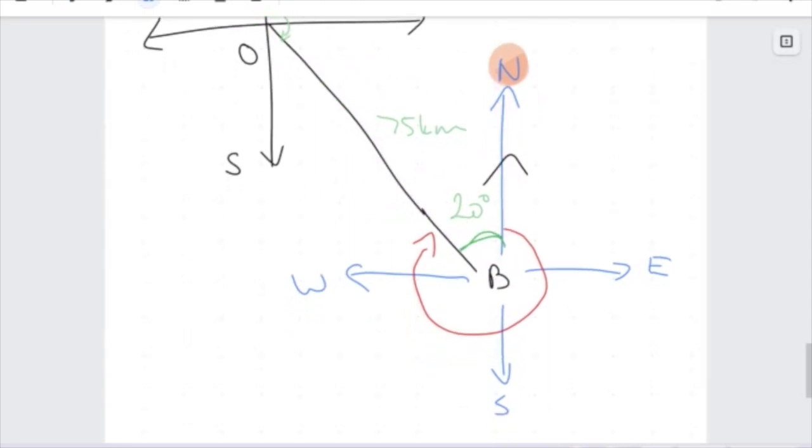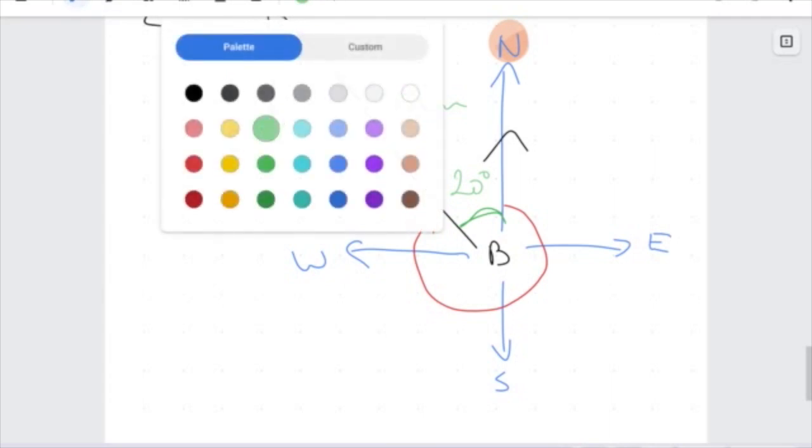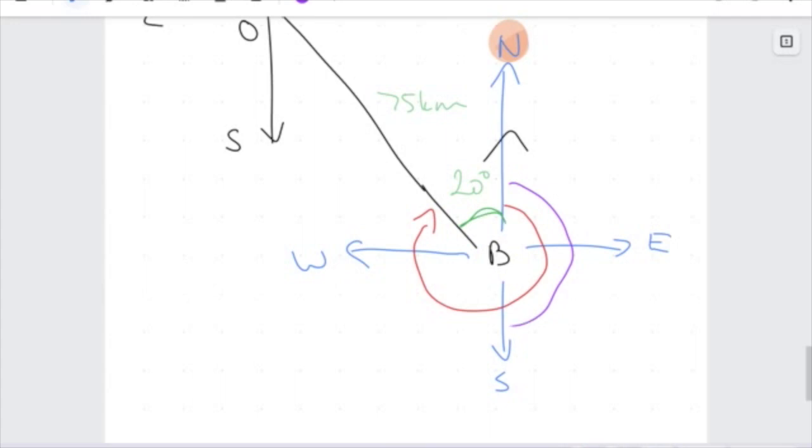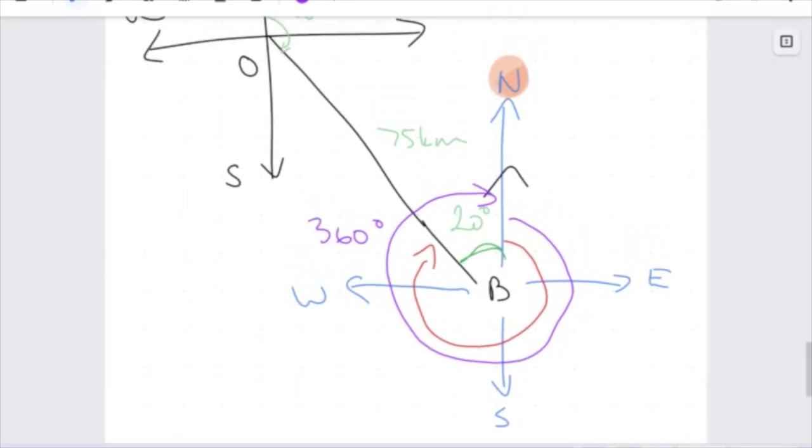I want to find what this guy is. Now, if a full revolution is 360 degrees, so let's do that in color purple. So if an entire revolution here is 360 degrees, then my bearing is just going to be the difference between 360 and 20 degrees.